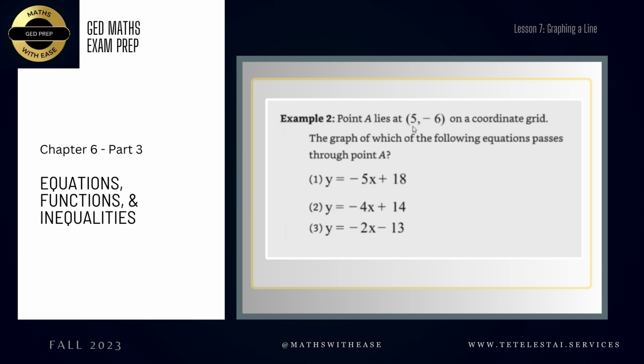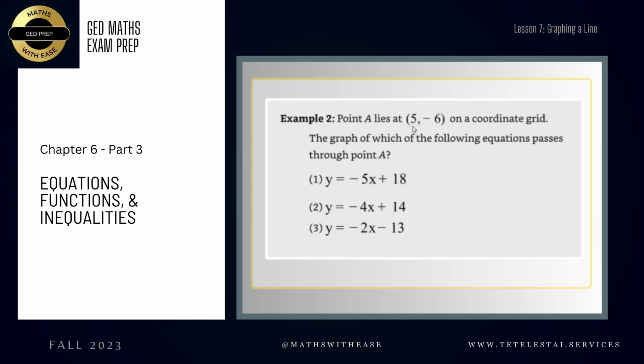So 1 can't be the right answer, because this ordered pair is letting us know that anytime x is 5, remember we always write x first, right? So think of this as our xy pairing that we learned about last class. So in this instance, x equals 5, y equals negative 6.